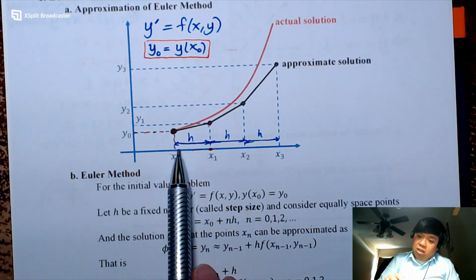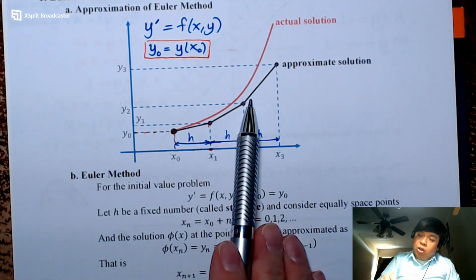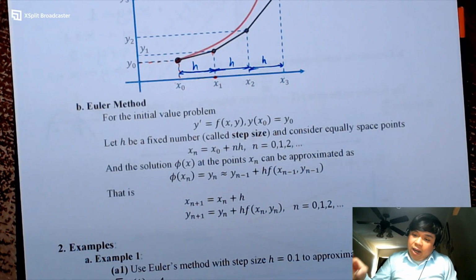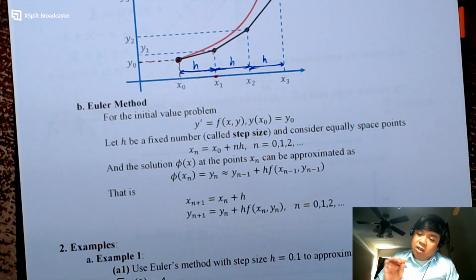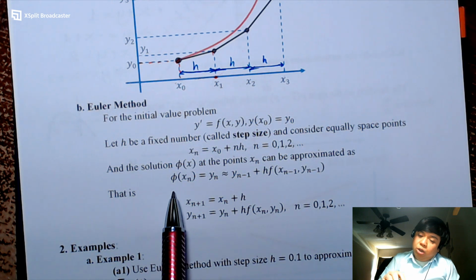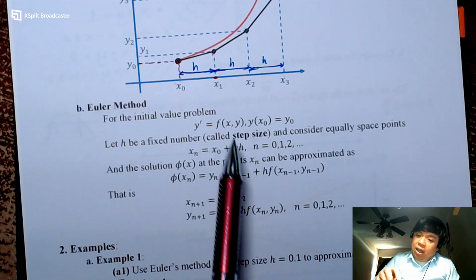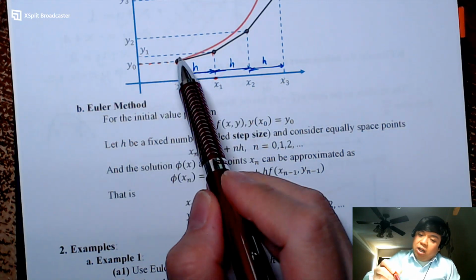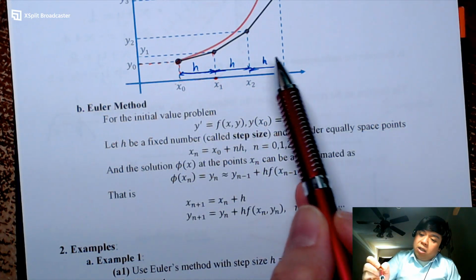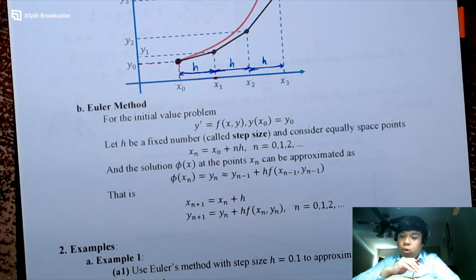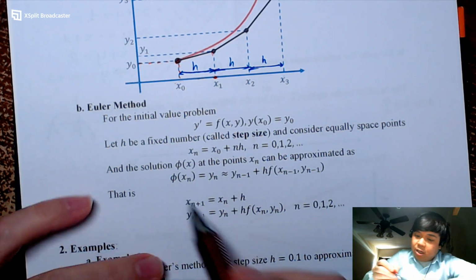Based on the step size, we will go to the next point based on the slope. And so we have the next point, and the solution will be approximately equal to y, which will be equal to the initial y plus h times the slope to the next point. So this is the Euler method.